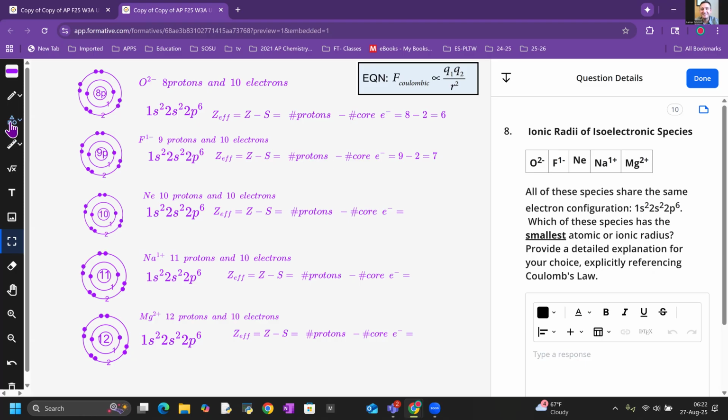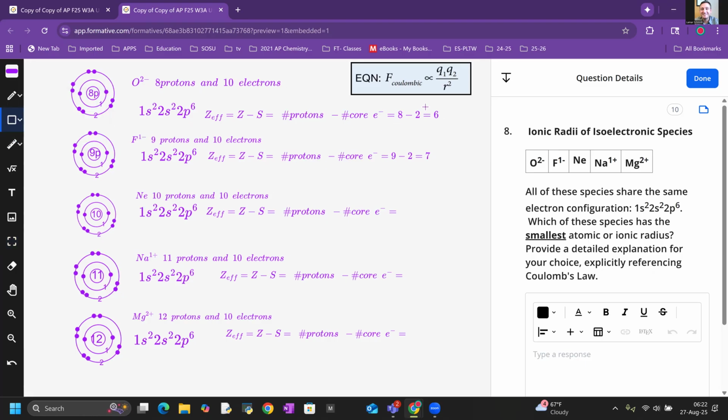And this is all determined by this numerical value. So we can see that because fluoride has a higher effective nuclear charge, its pull on the electrons toward the nucleus will be greater, and that atom will be indeed smaller.